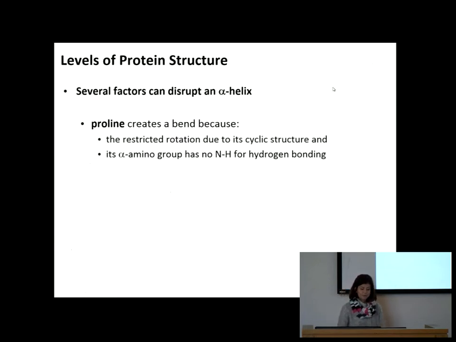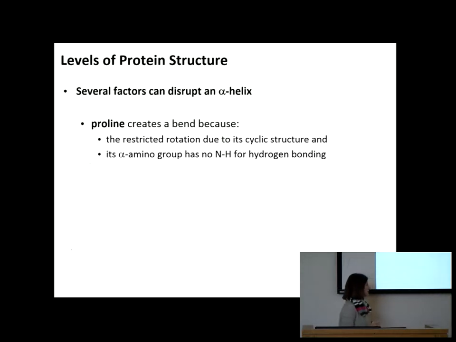All right, proline is one that stops it because if you remember, the structure of the R group actually comes back to the nitrogen. So here, the R group comes back in a cyclical structure, so we don't have that hydrogen. It binds itself to that nitrogen. So you can't have the hydrogen for the hydrogen bonding, and it causes no free rotation between that alpha carbon and the nitrogen.